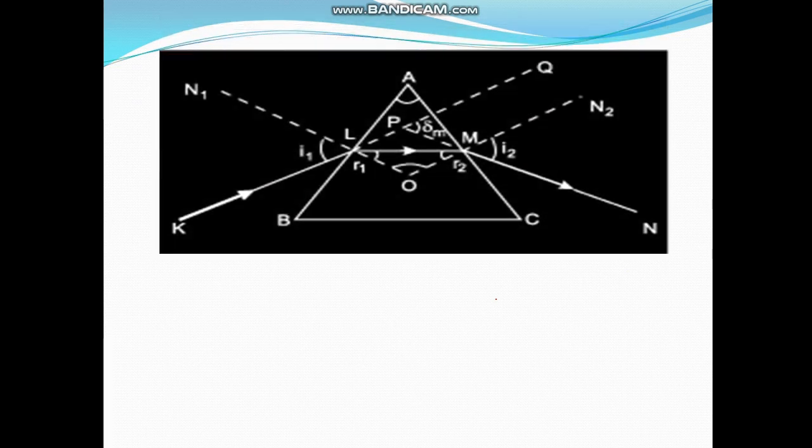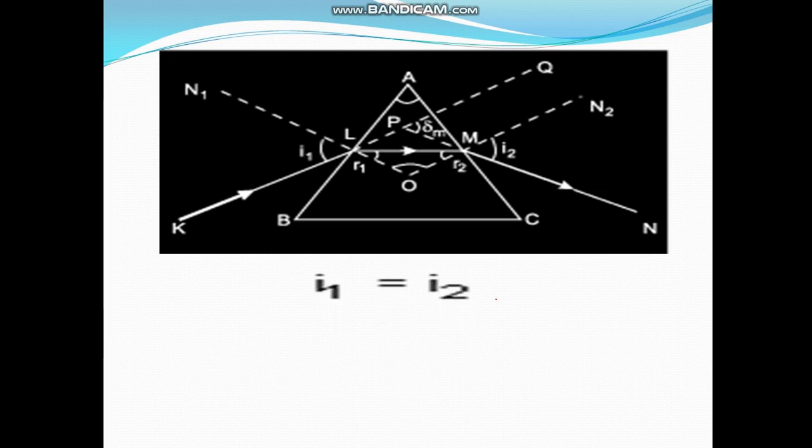Now this will be the diagram showing the path of light through a glass prism when the angle of deviation is minimum. Now what is going to be so special about this position?